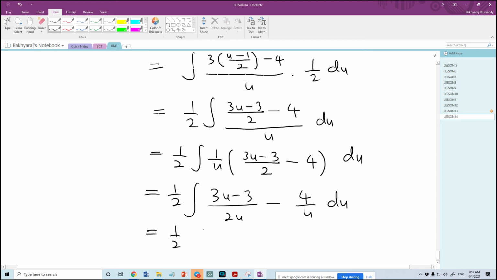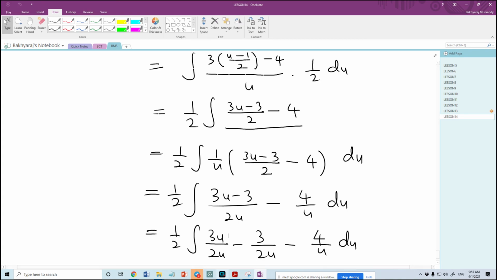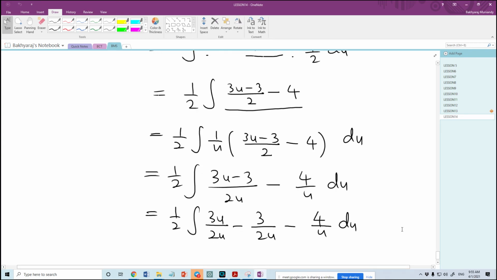So 1 over 2 integrate 3u divided by 2u minus 3 over 2u minus 4 over u du. Now you cancel the u. Those that have u all cancel. Only this side, the other cannot.